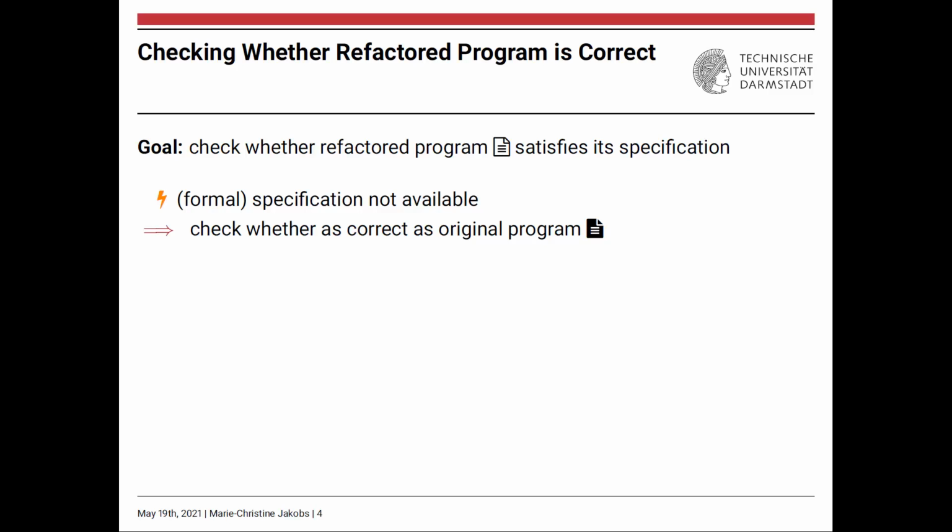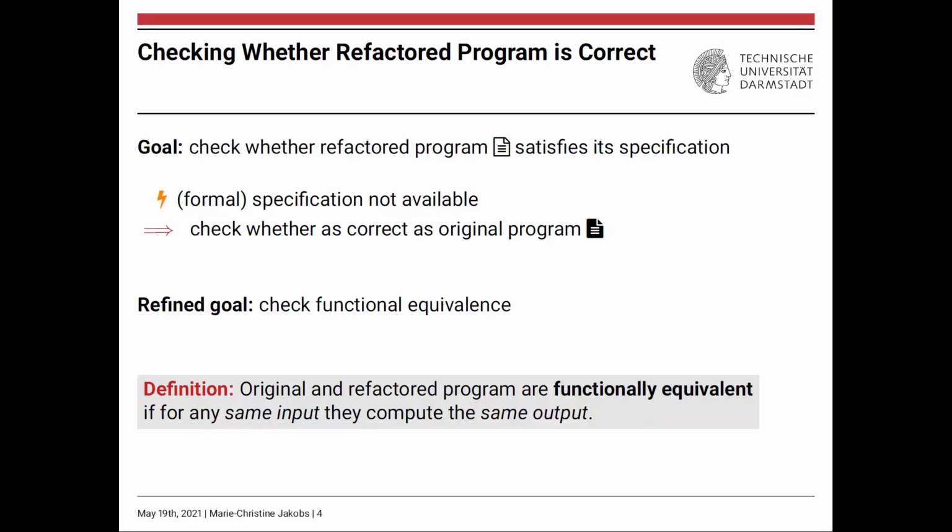So although we don't have a formal specification, we can check whether the refactored program is as correct as the original program, and if the original program was correct with respect to the specification, the refactored program will be too. This leads us to the refined goal of checking functional equivalence between original and refactored program.